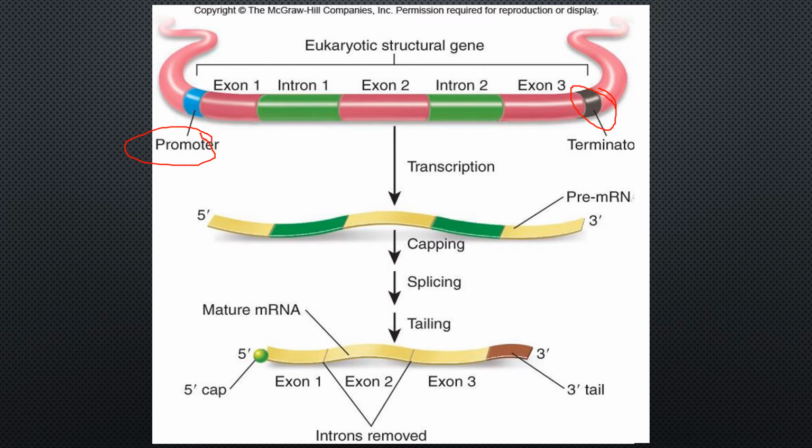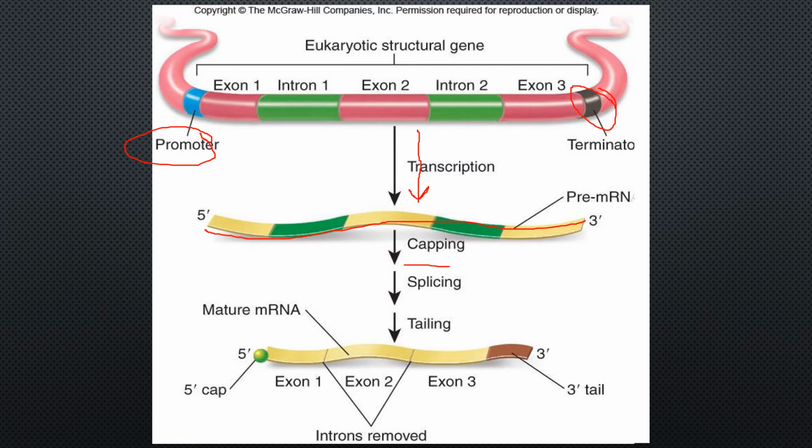So in transcription then, remember this happens within the nucleus, we create a messenger RNA or a rough draft of the messenger RNA in the 5' to 3' direction, and it still has the introns in it. And then we go through the processing.